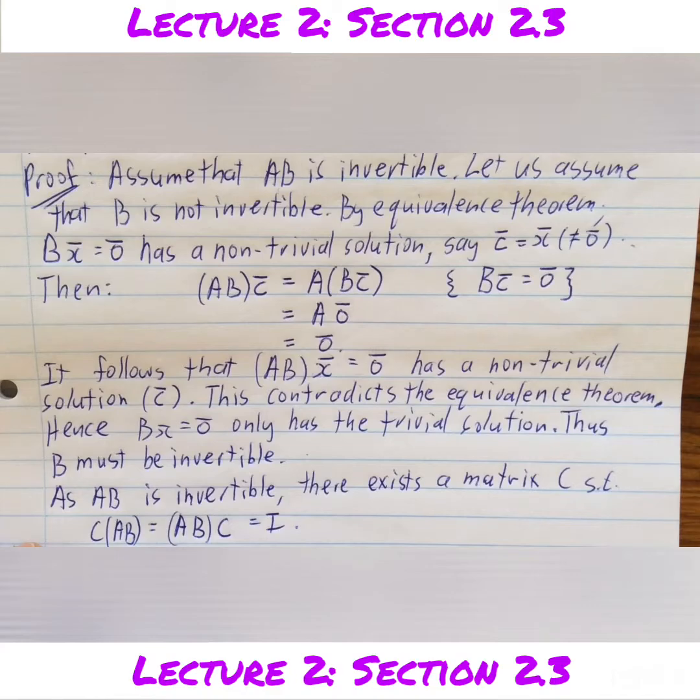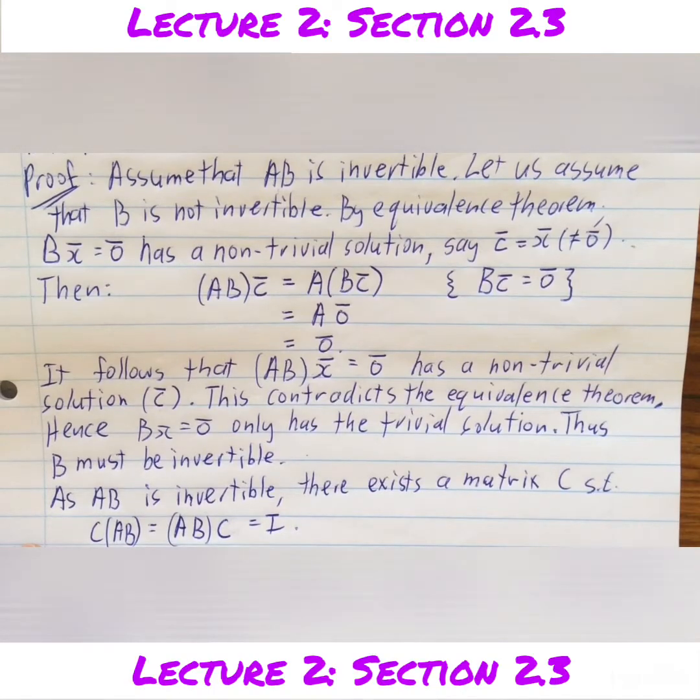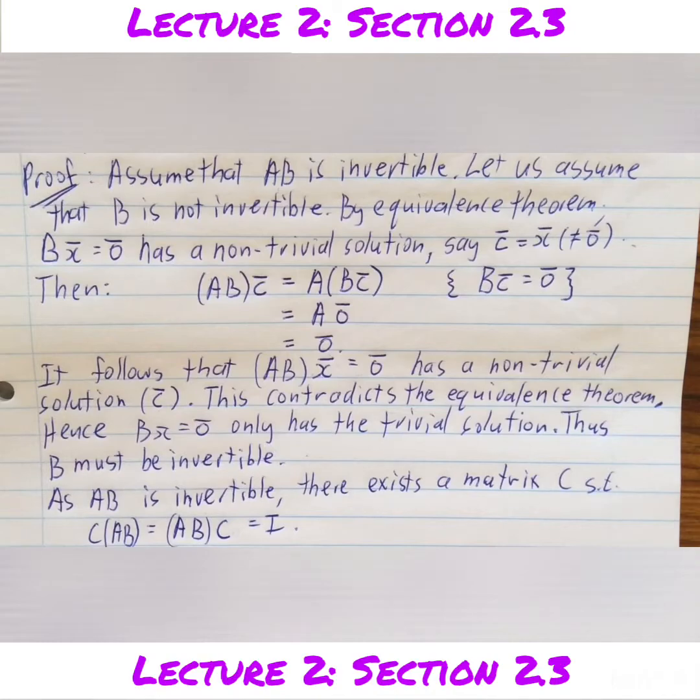Because A times B is invertible, it has an inverse C, and C is also invertible because C's inverse is A times B. Now we just need to show that A is invertible.